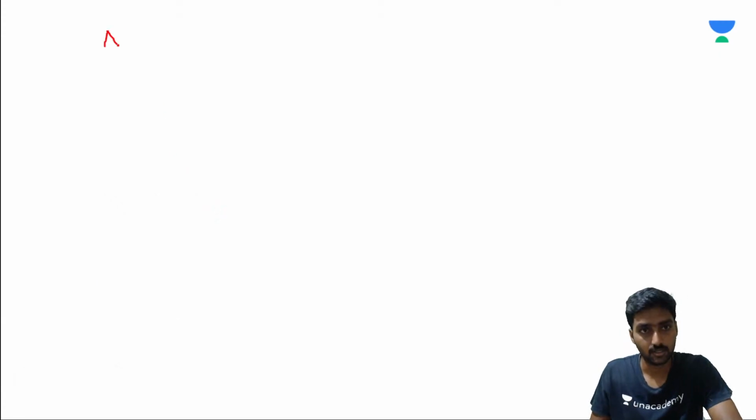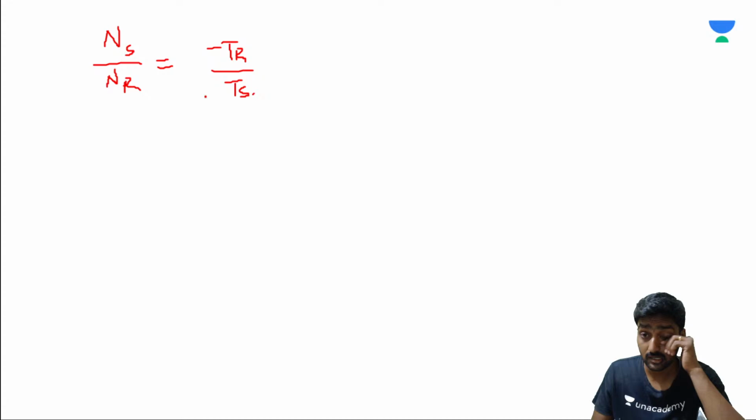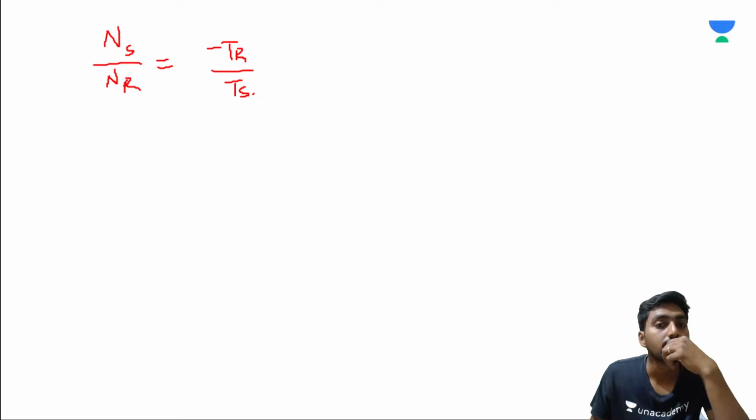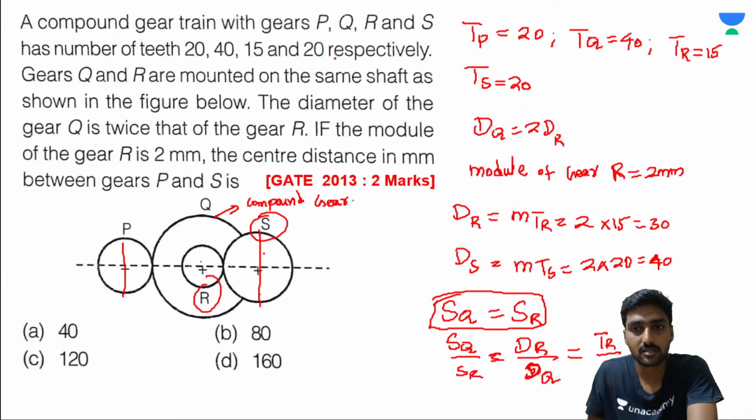Okay. Now nS divided by nR is equal to, as they are meshing externally, minus TR divided by TS. Is it clear now? Now give the speed ratio for nS divided by nR: minus TR divided by TS, minus 15 divided by 20.